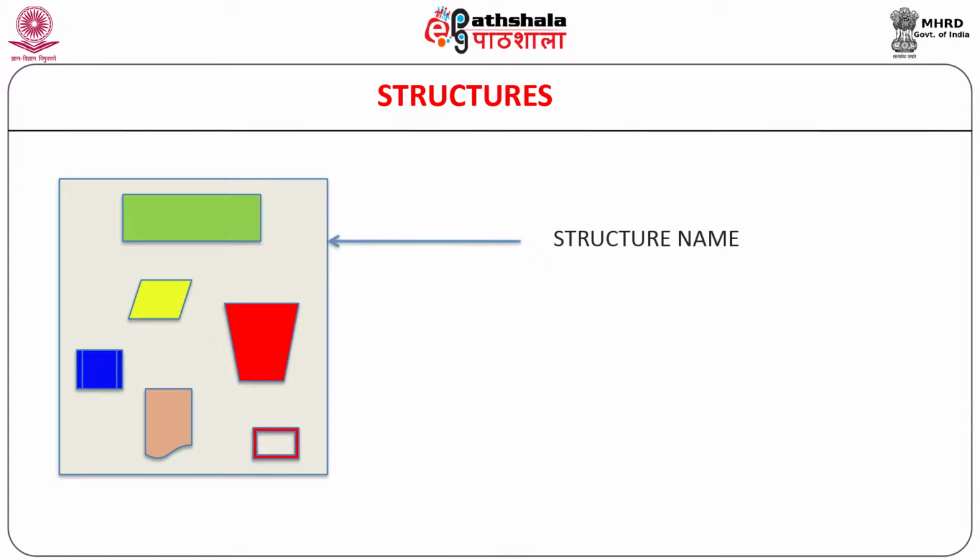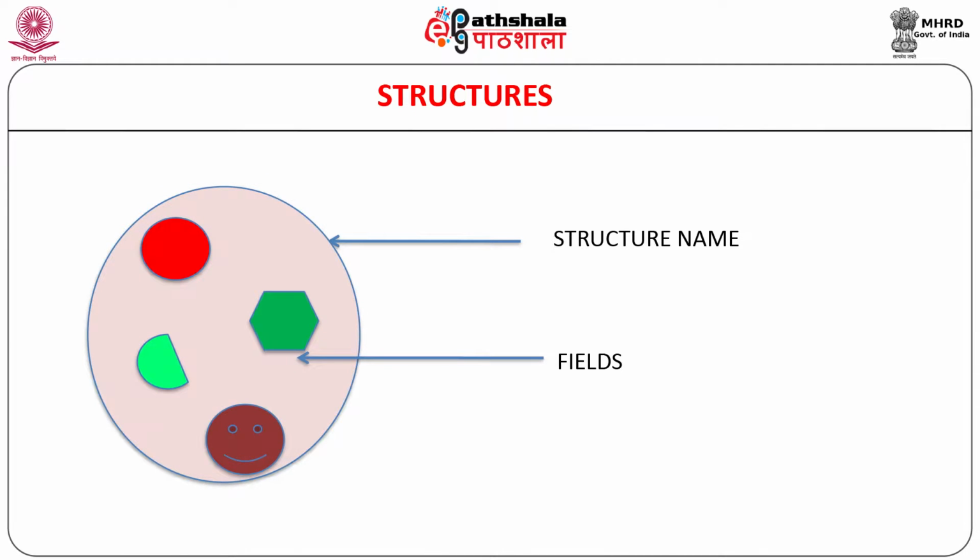This is the structure name, and A, B, C, D, E, F are the different fields. These fields are used to store different data types, like integer, float, character, etc. Structure elements are also called fields. So, a structure name and field names are required to define any structure.